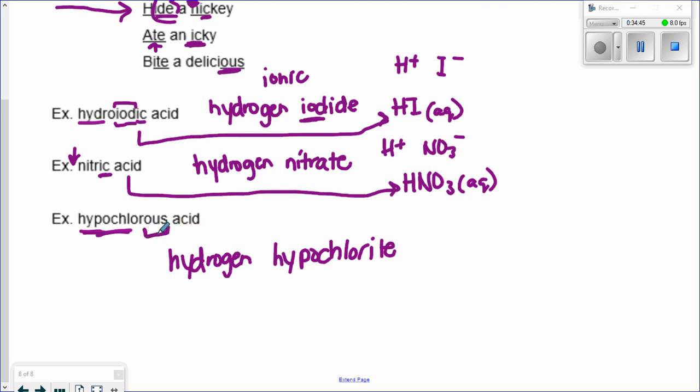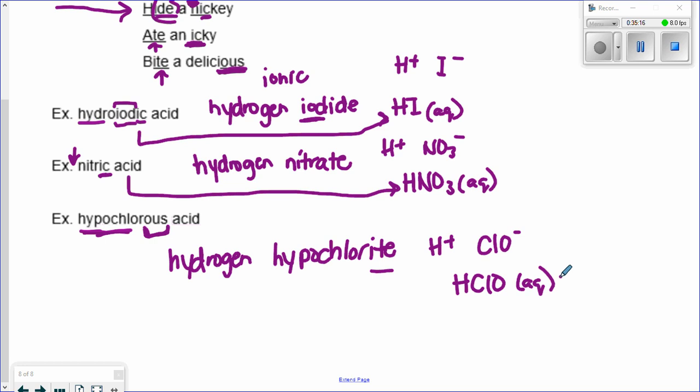Again, this ending of OUS means that we're talking about an ITE ending. So hypochlorous becomes hypochlorite, and you want hydrogen there as well. Hydrogen forms a 1 plus. Hypochlorite is ClO, I believe, just 1 minus. So it should be HClO. And again, that is aqueous.